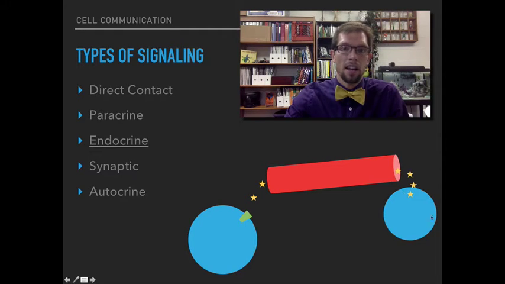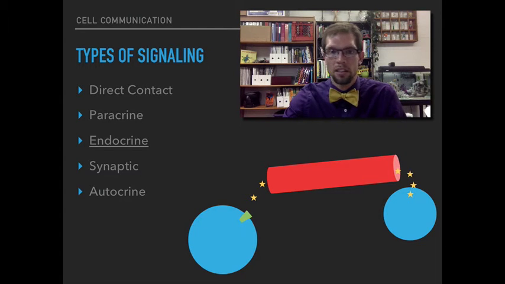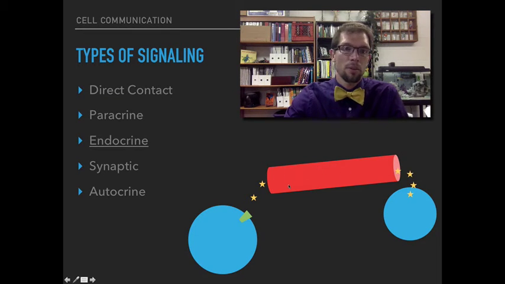There's another type known as endocrine that originates from far away. So you might have a cell over here that's on top of your kidneys in your adrenal glands, or within your brain or somewhere. The molecules are getting released from this. It goes into the bloodstream and gets distributed throughout the body and ends up contacting cells.